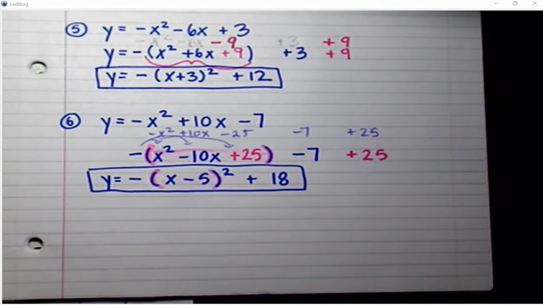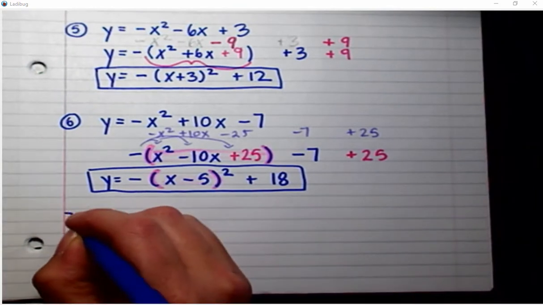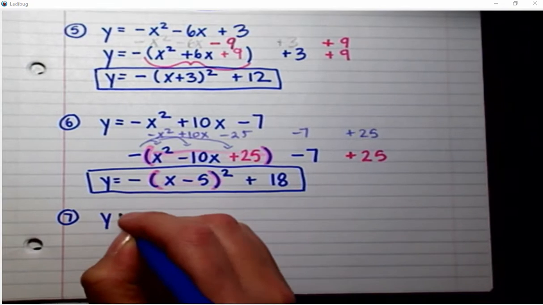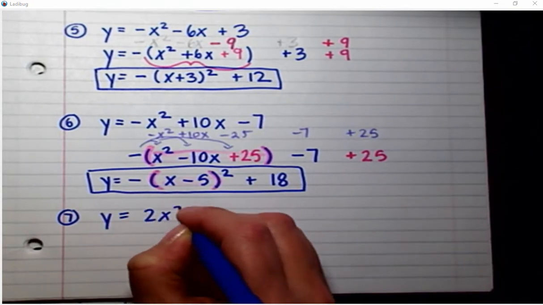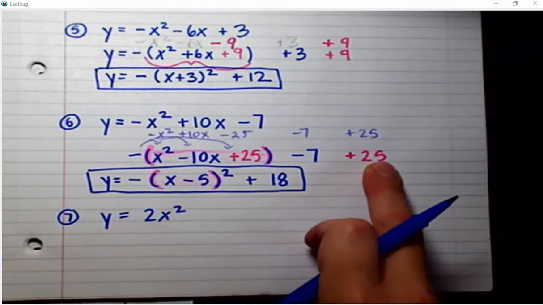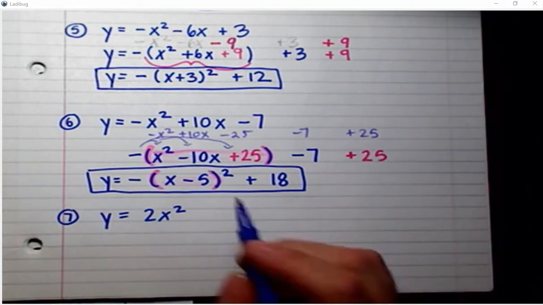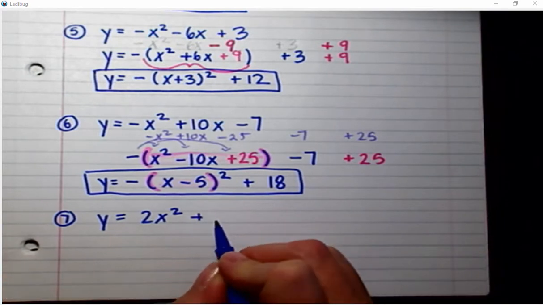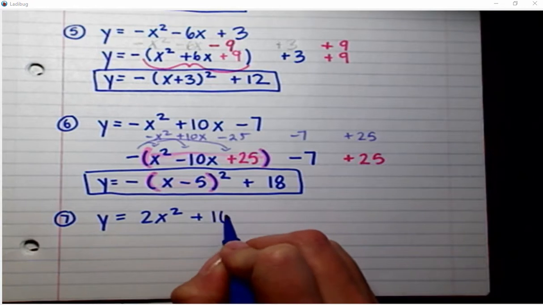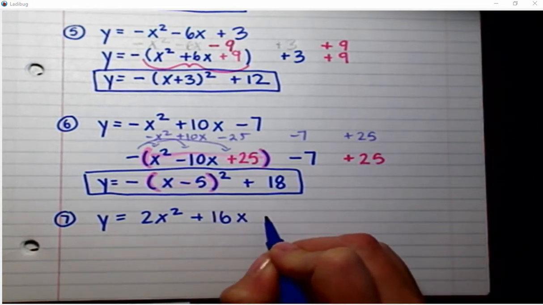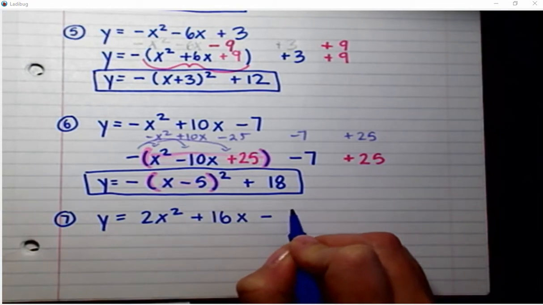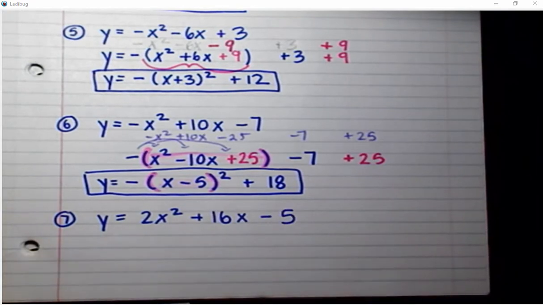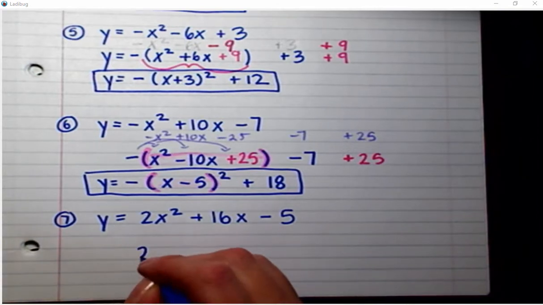All right. I'm going to put a number, not a negative. I'm going to put a number. See if you can come up with the correct number to put inside and outside the parentheses. Keep it equivalent.